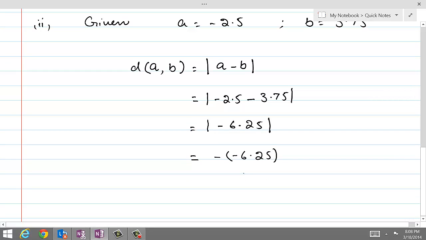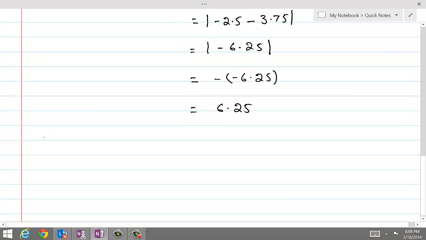It doesn't matter whether inside the modulus there is a negative or positive number. Modulus means just the number itself without any algebraic sign. So this would be equal to 6.25.